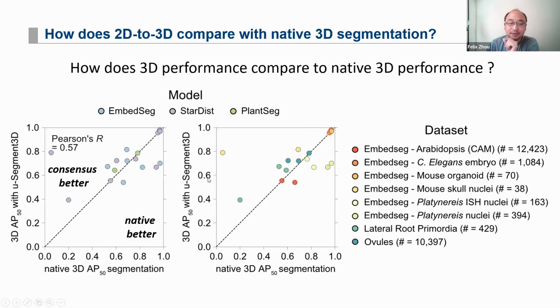And similarly, on the x-axis, I plot the native 3D model AP50. And on the y-axis, we plot the 3D AP50 with U-segment 3D. And by and large, you can actually see that they're very, very similar. And what's remarkable is that for, say, the same data set, you can even find a 2D model that will exceed native 3D.